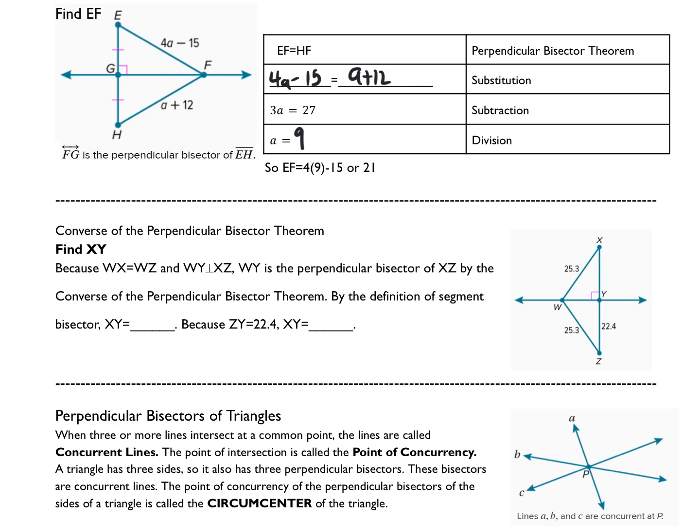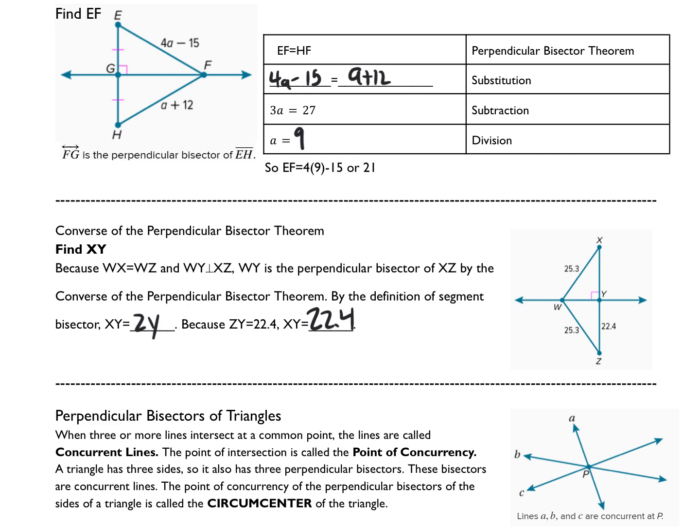By the definition of segment bisector, XY equals ZY, because it goes through the midpoint. Y is the midpoint. So because ZY equals 22.4, we can say that XY also equals 22.4. So those have to be congruent to each other.